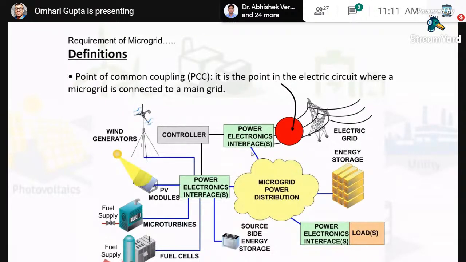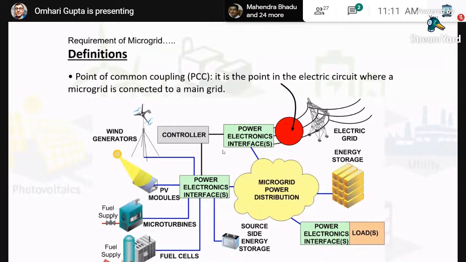It is not always that you have to have a power electronics based interface to connect yourself to the rest of the system. You may have several mechanical switches as well. Those can connect you to the rest of the system. Similarly, you may also have static switches. You may also have some high speed switches as well. There are different classes that we are going to study and discuss next.